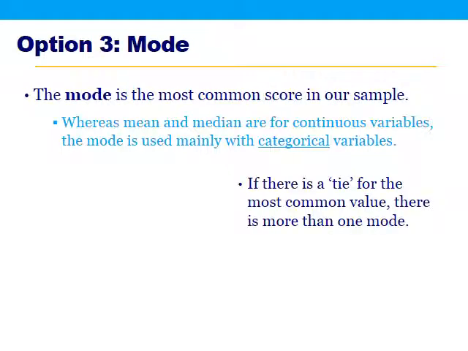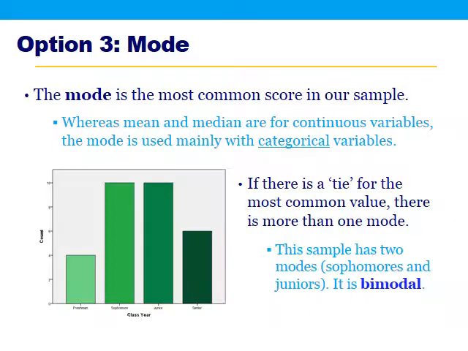Importantly, we can also have more than one mode if we have two categories that are both the biggest and they're tied with each other, so they have the same amount of people. For example, here's some data that I just made up. Imagine that I have a class of 30 people, and I ask them to tell me whether they're a freshman, sophomore, junior, or senior. In this class, we have 4 freshmen, 10 sophomores, 10 juniors, and 6 seniors.